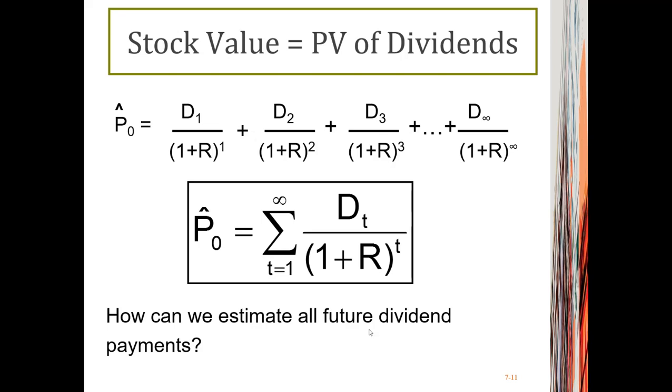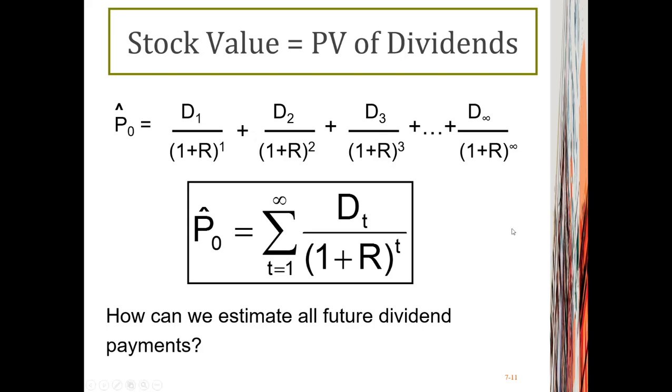So this formula is the fundamental equation for stock valuation, right? And it shows you a very clear mechanism that a stock price is equivalent to the present value of all future dividends.